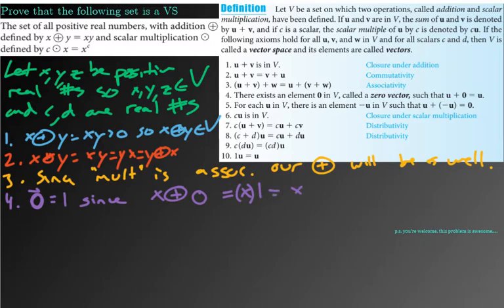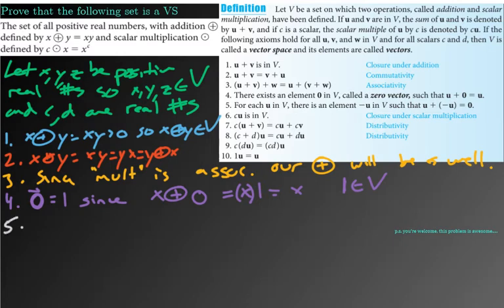And 1 is an element of my vector space V because it's a positive real number. So you can show your parents that I'm teaching you that 0 equals 1, because in this vector space, 0 does equal 1.